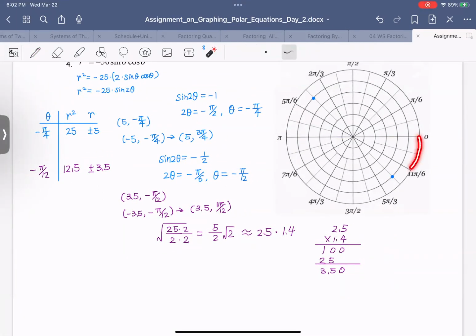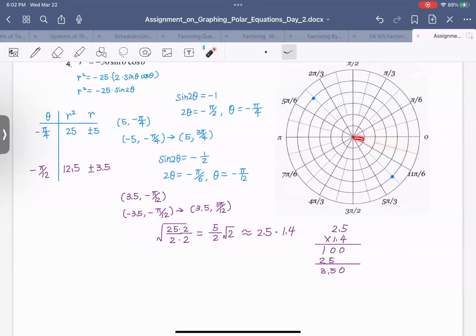So this part is negative pi over 6. A half of it is going to be a negative pi over 12. Do you agree? So this guy is 1, 2, 3, 4, 5. And I'm going to use this half of it.